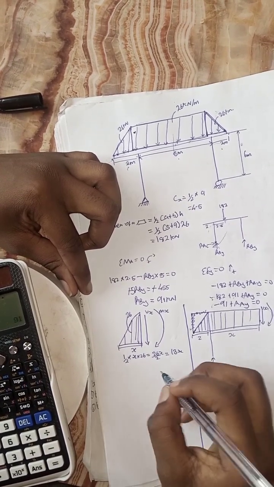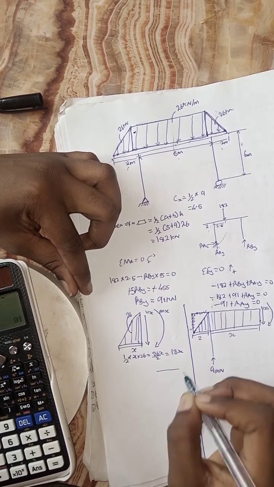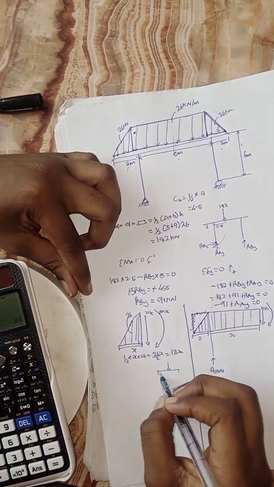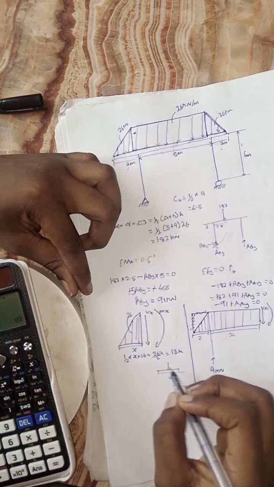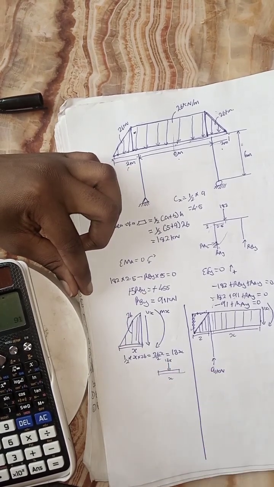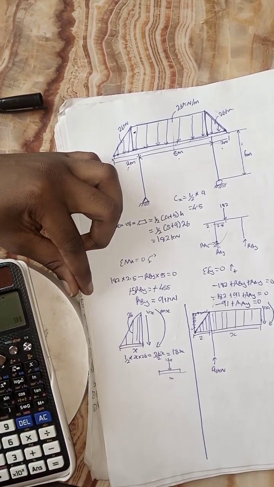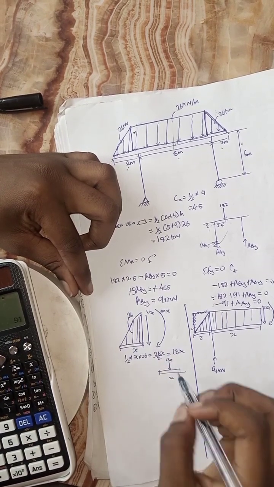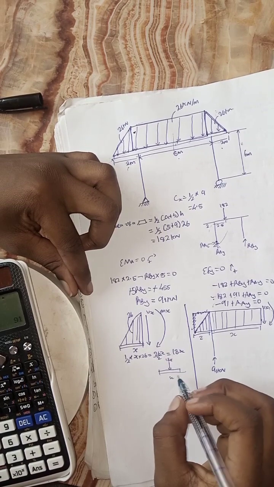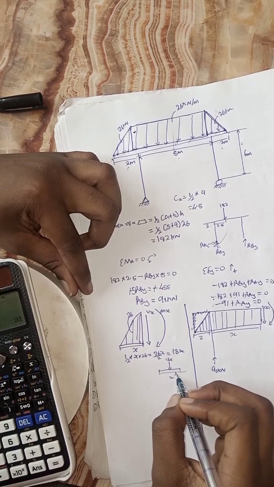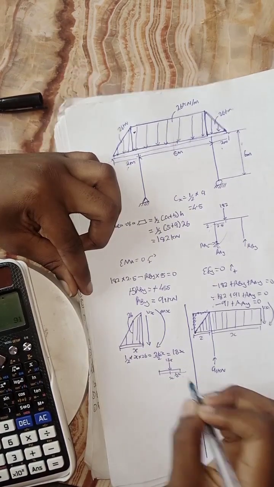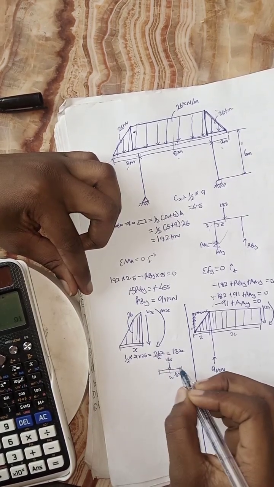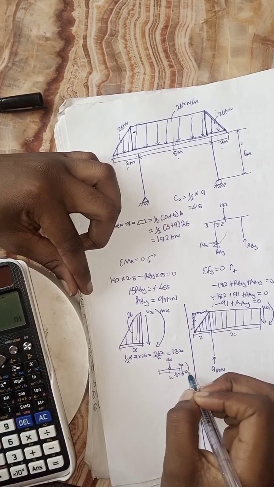So we have that our point load from here to here is x, and it will be 13x. The centroid of a triangle demands that it starts from 1/3 from the base, so this will be 1/3 of x, from here to here. Then we have our Vx, then we have our Mx.